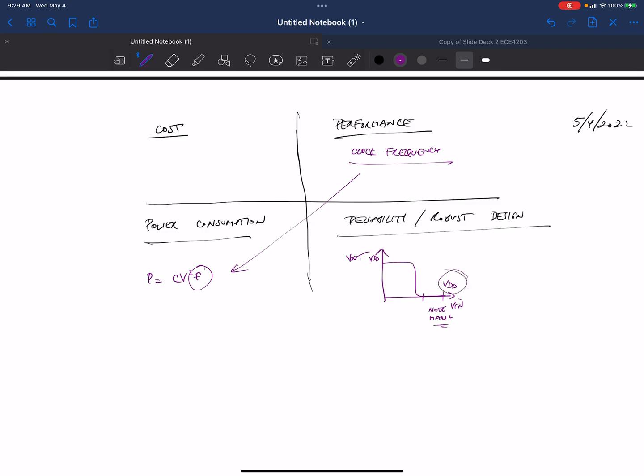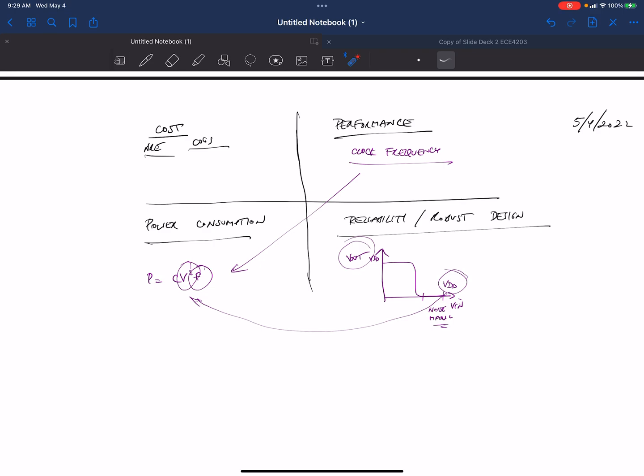But then the supply is also a trade-off with the power consumption. Things like that. Now the cost was NRE and cost of goods sold, and that was dependent on the area, and we talked about how that was related to some of these.